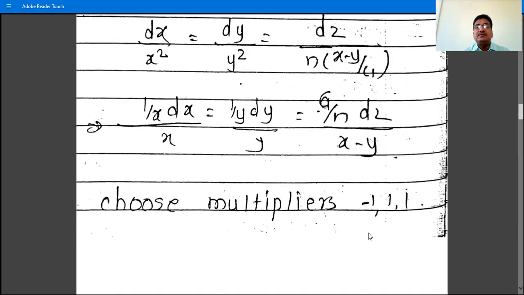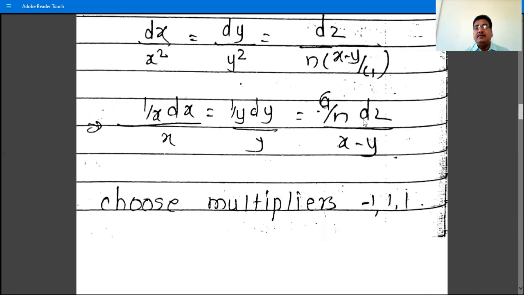Then choose multipliers minus 1, 1 and 1. So the simplification of this differential equation is what? 1 by x dx. Shift this x to the numerator. We have 1 by x dx, 1 by y dy, and 1 by c1 by n, shift this c1 and this n to the numerator.